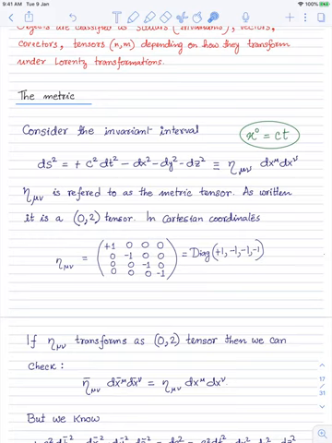It's called Minkowski space. The space-time we are describing here, space and time together, is a Minkowski space with this particular metric. The overall sign of the metric is a convention, but we have chosen a particular convention.